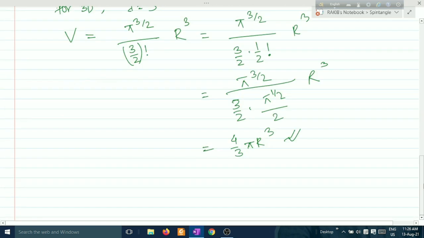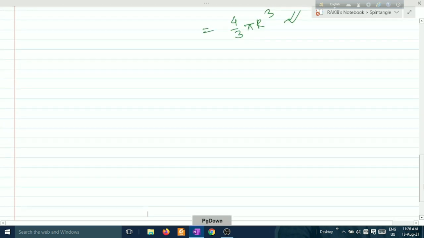Now we are going to the fact: what is the value of the integration dq dp, d3q d3p? I am writing this thing.